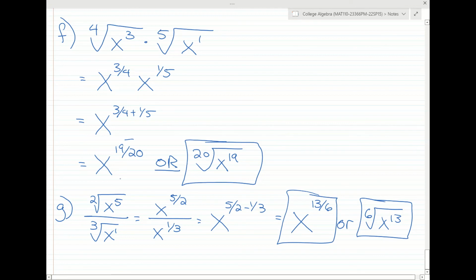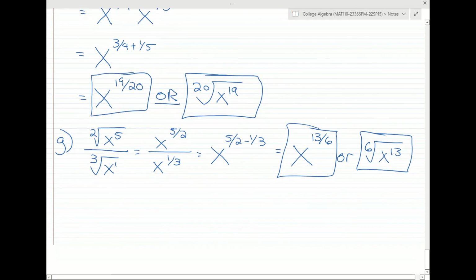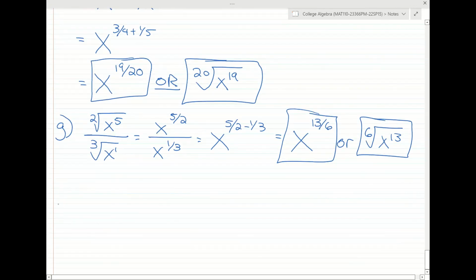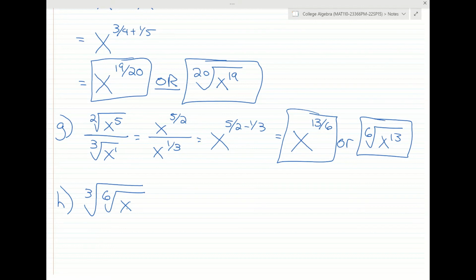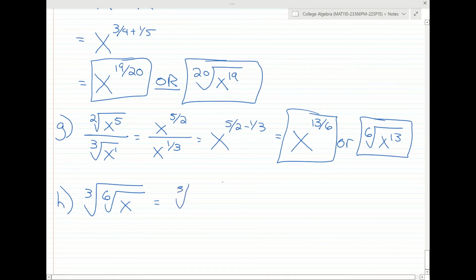And the last example for tonight is what if we had the cubed root of the 6th root of x. Easiest way to do a problem like this is to convert to exponents. So this is really just the cube root of x to the 1/6.